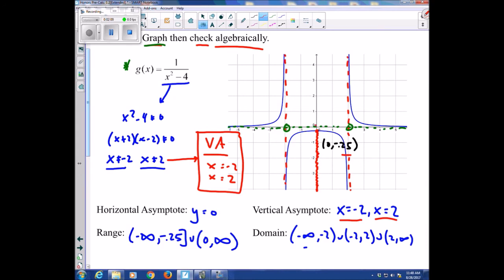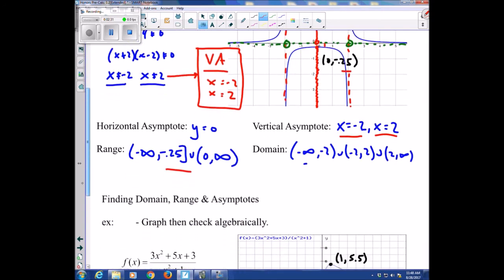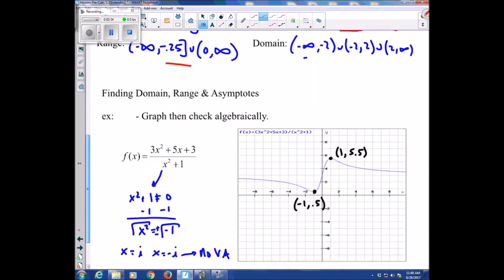And then I don't have y values in this gap right here, but I've got y values after that in ordered pairs, after my horizontal asymptote at 0, all the way up to positive infinity. So right here we would say the range would be negative infinity to negative 0.25, union with 0 to positive infinity, where we're including that negative 0.25 as a function value.